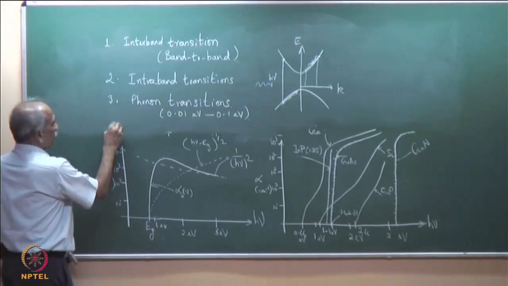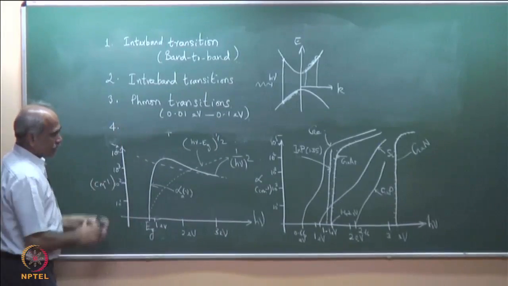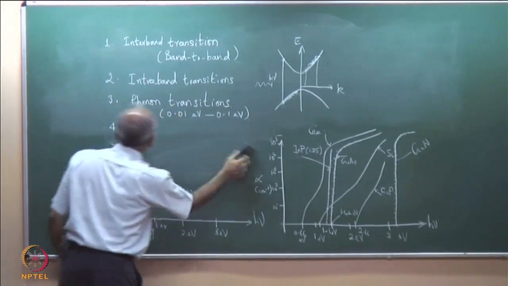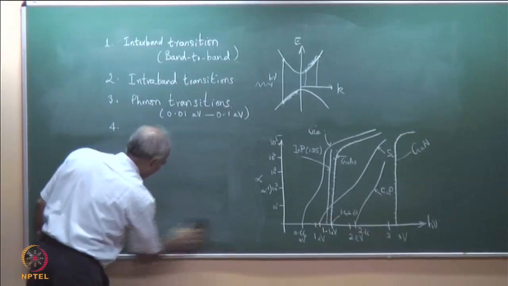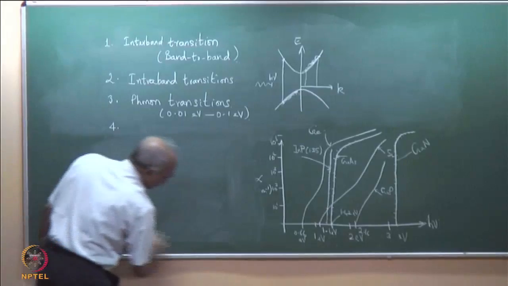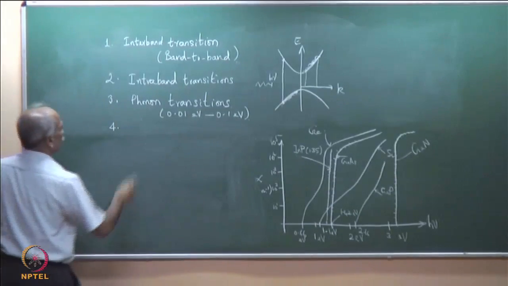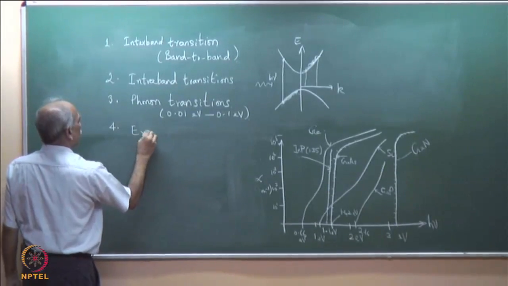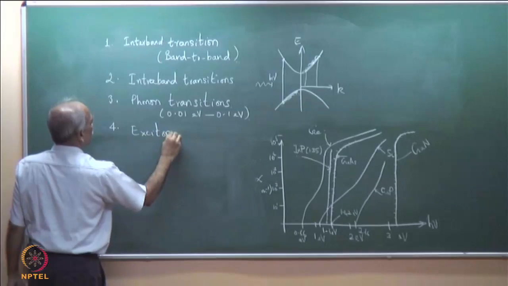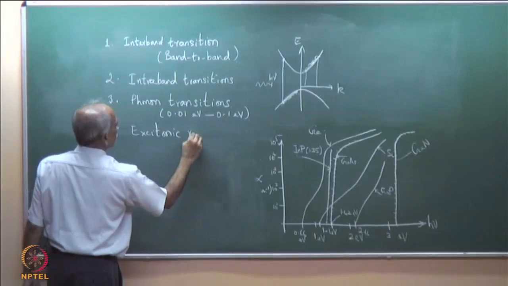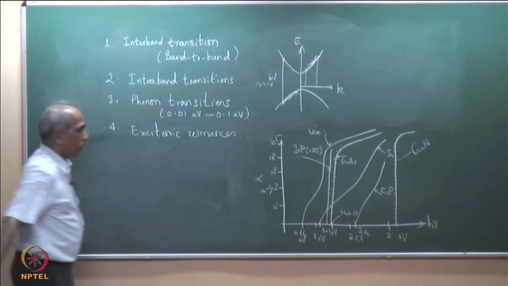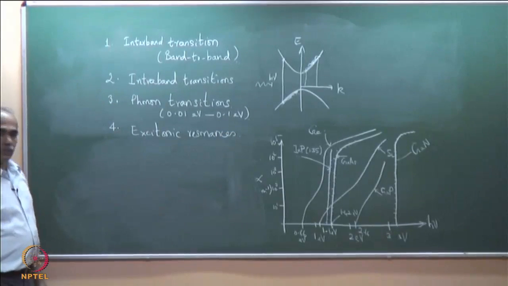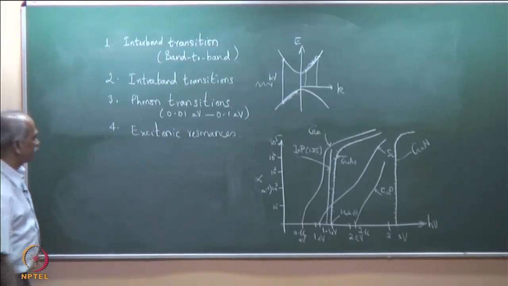And a fourth type of absorption which is also possible are excitonic absorptions, excitonic resonances. So, some of you may not know what an exciton is.